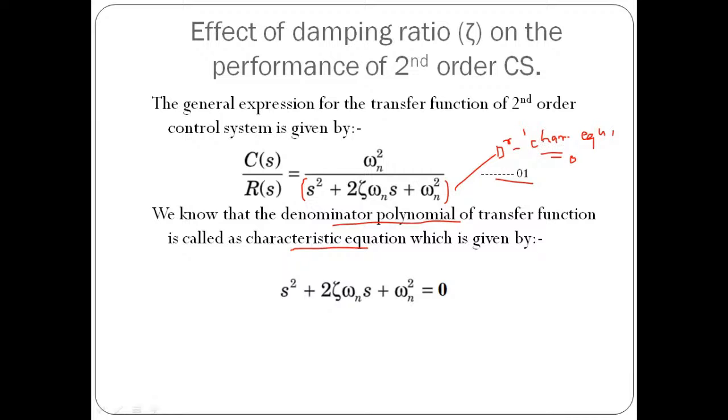So the characteristic equation plays a very important role in analyzing the performance of second order control system. The characteristic equation for second order control system is this, which is nothing but s square plus twice zeta omega n s plus omega n square.